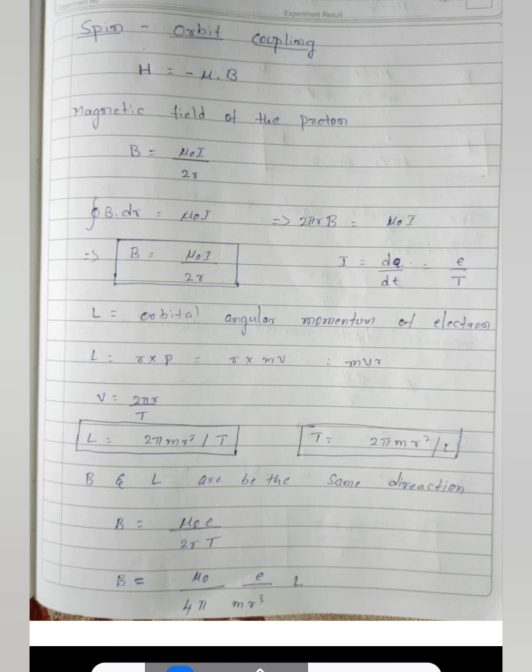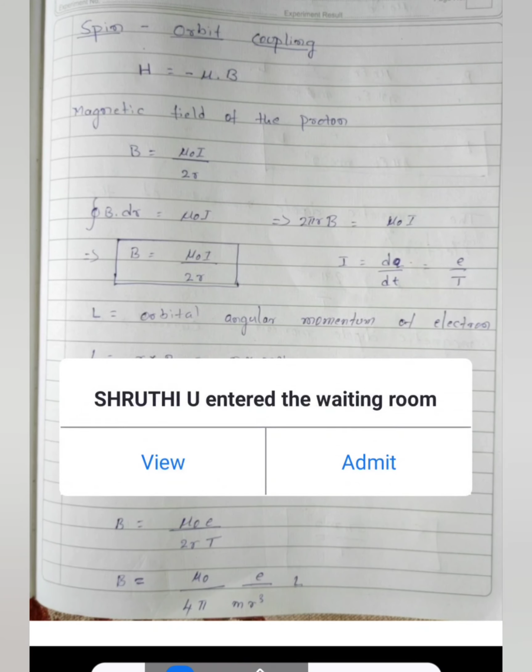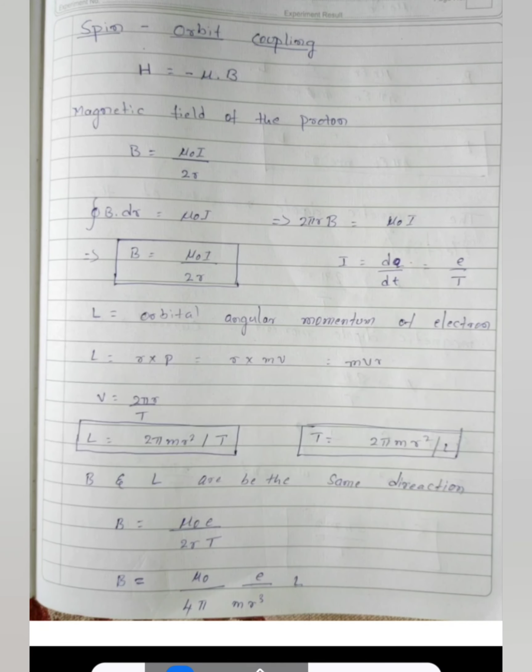So you already know what I is. I is dq by dt. dq means q by t. Q is the charge of the proton, and T is the period of the proton or period of the electron.